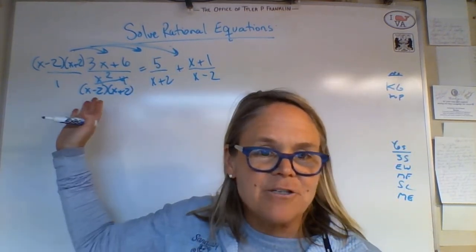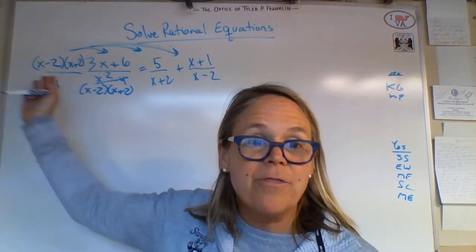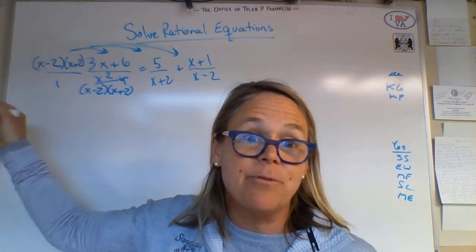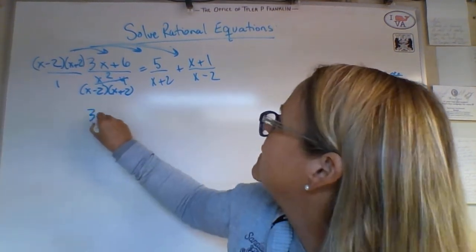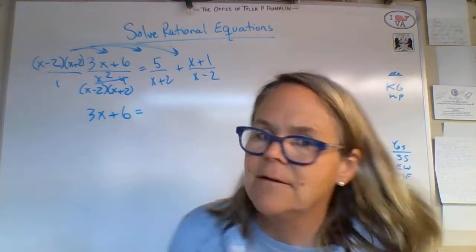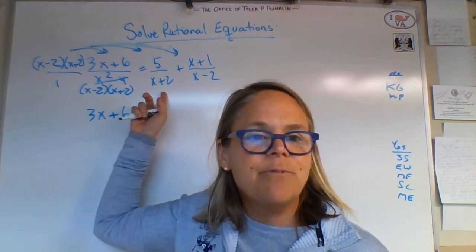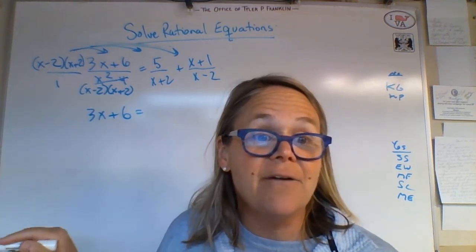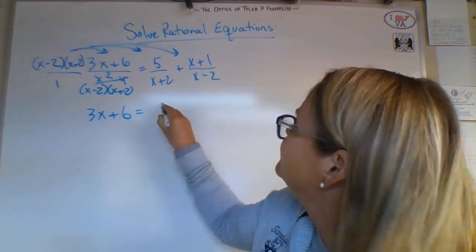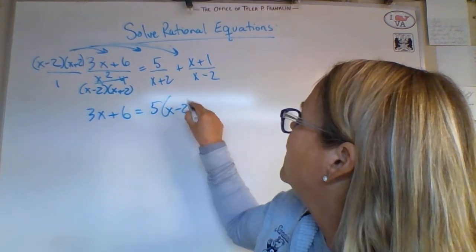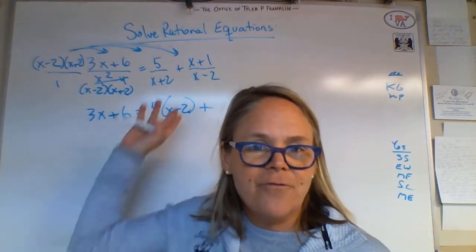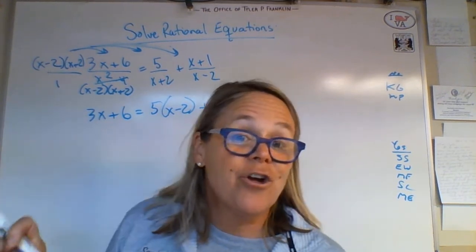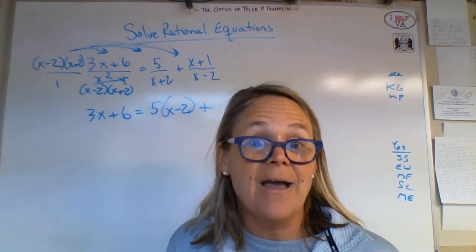With your first fraction, those both are going to cross off. So you're going to be left with 3x plus 6. Second fraction, x plus 2, x plus 2. So you're going to have 5 times x minus 2. Third fraction, x minus 2, x minus 2 cross off. You're going to have x plus 2, x plus 1.